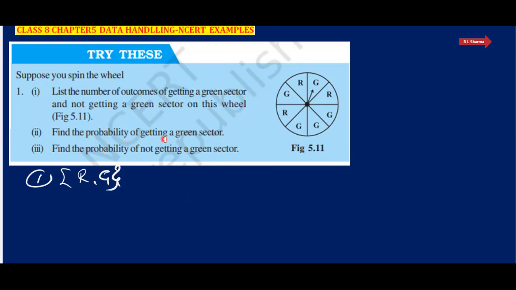Find the probability of getting a green sector. Green sector means probability of getting a green sector. देखिए, ये यहाँ पे टोटल है, we can count here 1 2 3 4 5 6 7 8.